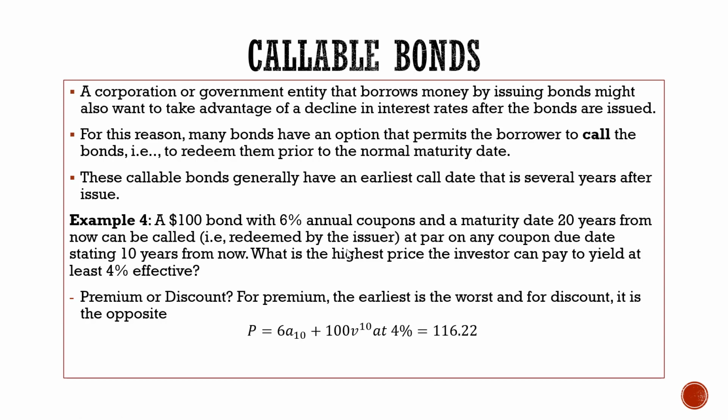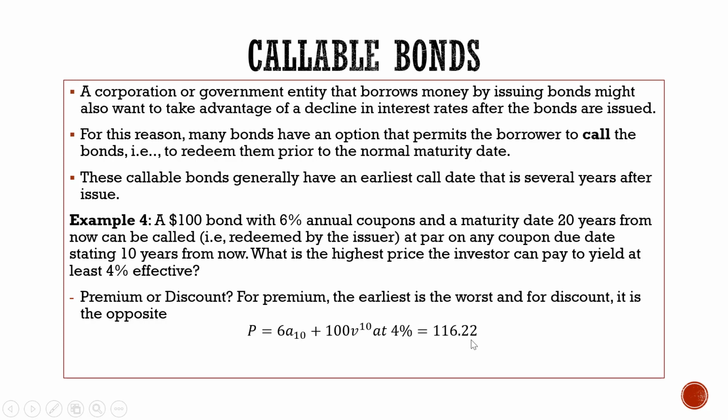That means the earliest is the most expensive. So to find the highest price the investor can pay to yield at least 4% effective, we find the price if the bond is called at the earliest time, which is 10 years from now. So the highest price is 6 a angle 10 plus 100 v to the 10 at 4%, which is $116.22.